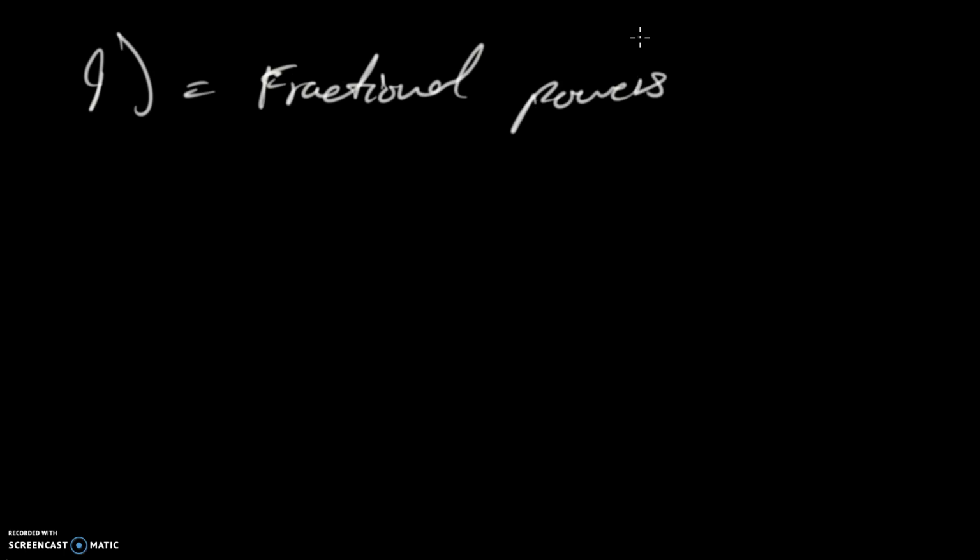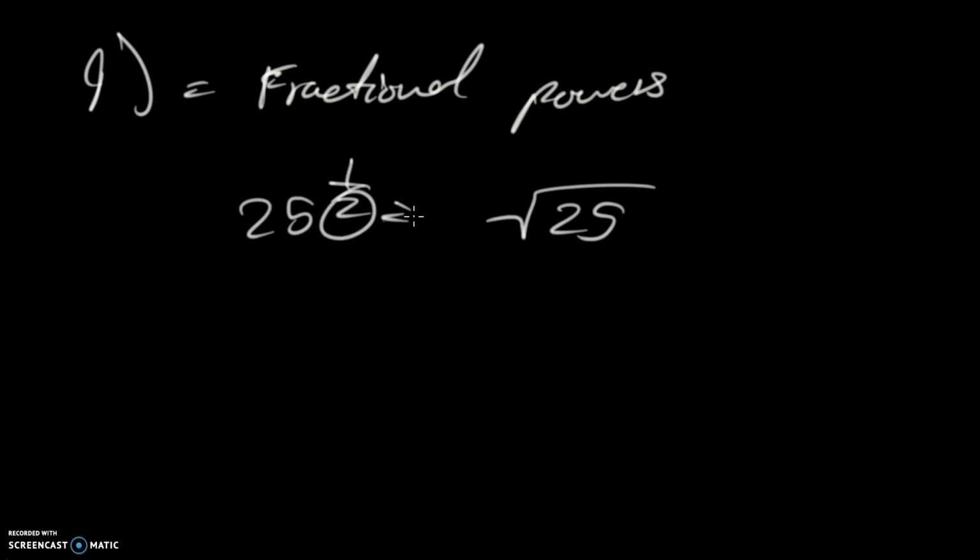Simple. Let's get on to the 9th rule, which is fractional powers. Let's say we have 25 to the power of 1 over 2. This would mean that we'd square root 25. Why square root? Because there's a 2 as the denominator. So we'd square root 25 and get 5. And the 1 just means power the number by what's on top.